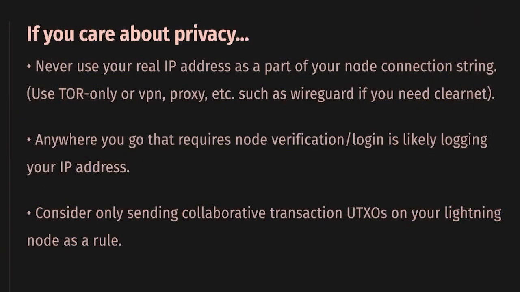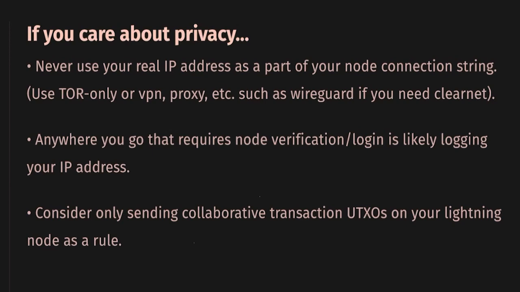So IP addresses, if you're not using Tor only and you really want to use ClearNet, look into something like WireGuard if you can. You really don't want to use your home IP address if you are privacy focused. And also there are entities out there that use an authentication login mechanism that is your Lightning node.